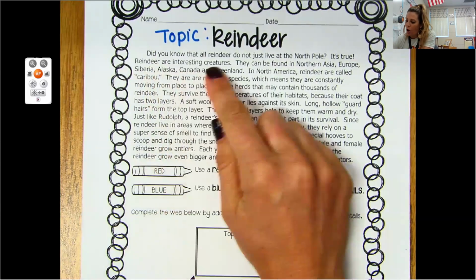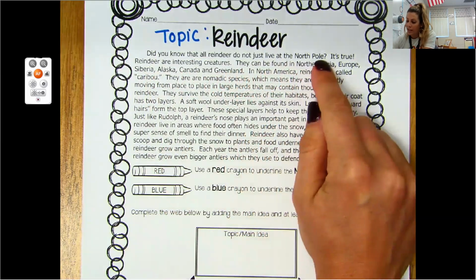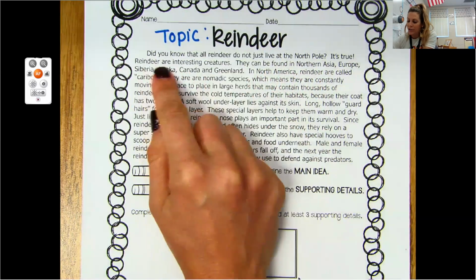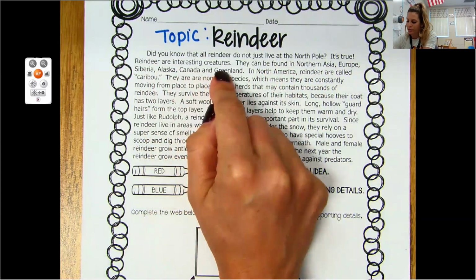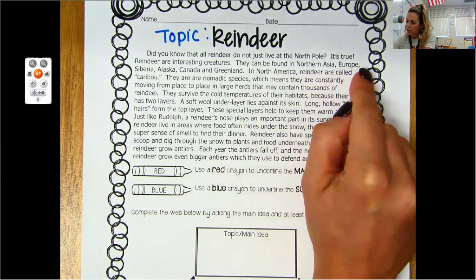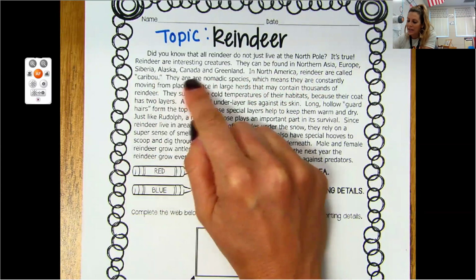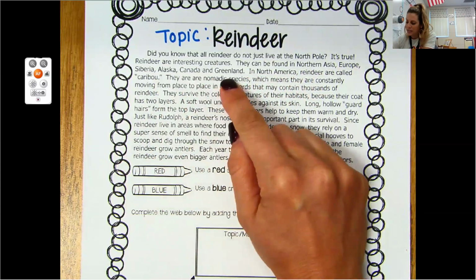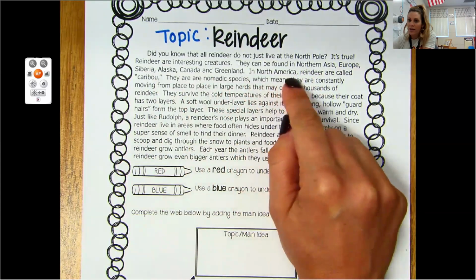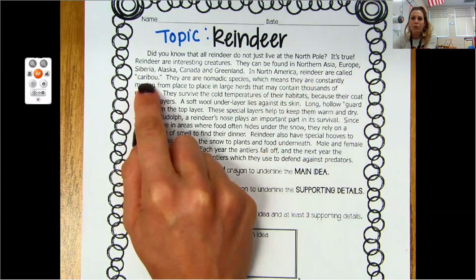Did you know that all reindeer do not just live at the North Pole? It's true. Reindeer are interesting creatures. They can be found in Northern Asia, Europe, Siberia, Alaska, Canada, and Greenland. In North America, where we live, reindeer are called caribou.